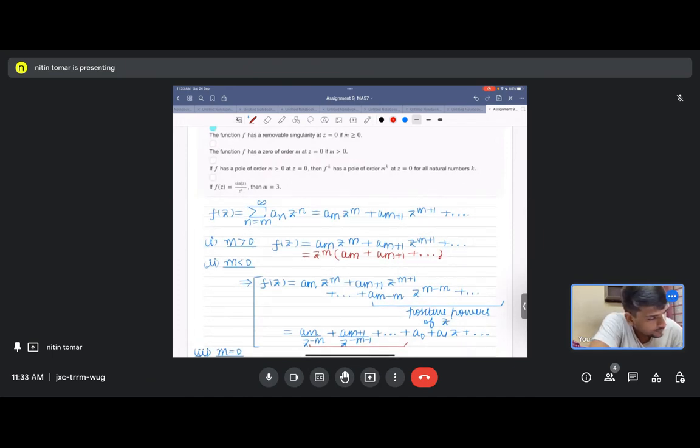Yes or no? So order at least m should be there, because if a_m is 0, then you will have order m plus 1, right?